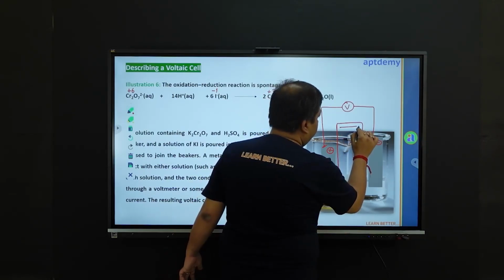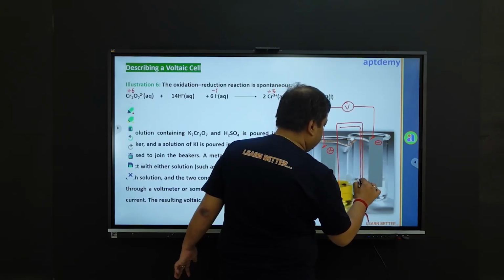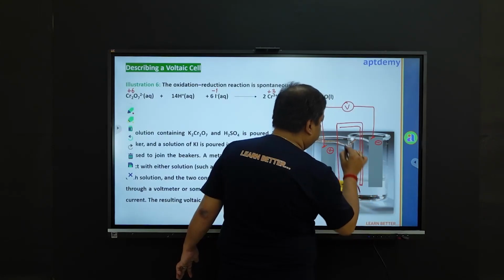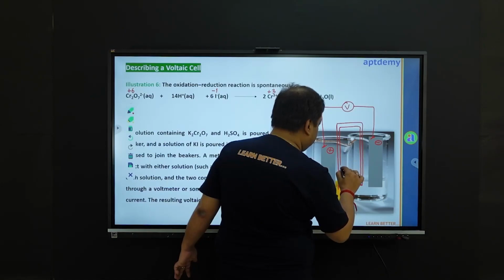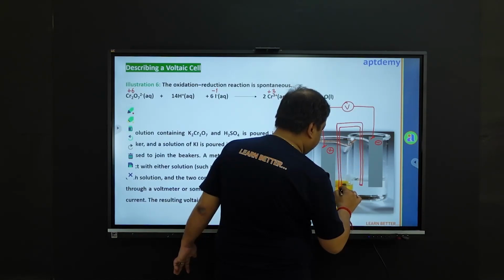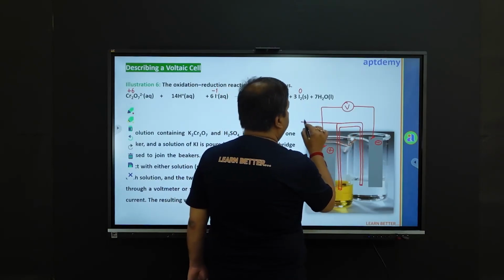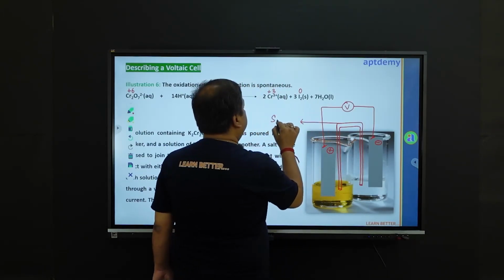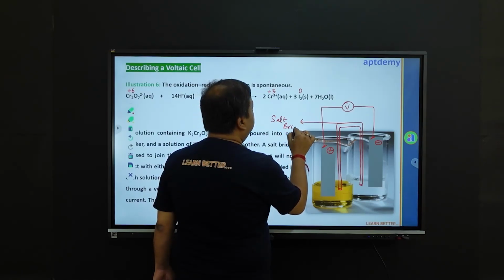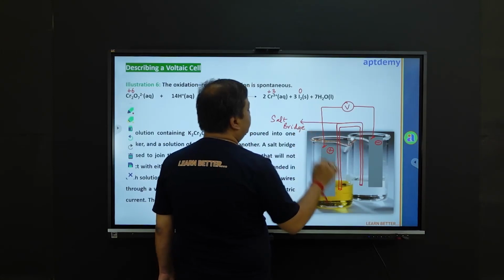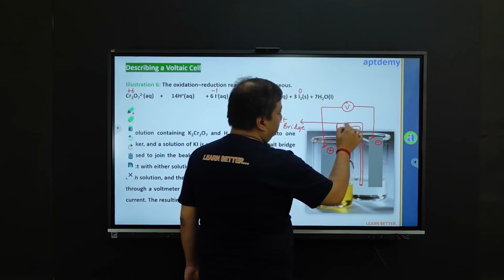This U-shaped tube is the salt bridge containing a very strong electrolyte, let us call that NaNO3. This would be the salt bridge to maintain the electrical neutrality.